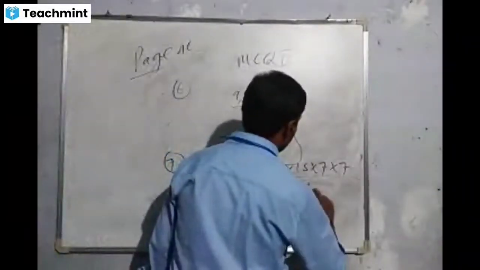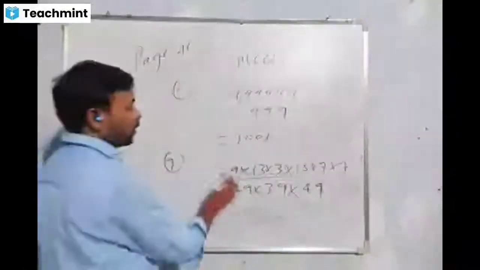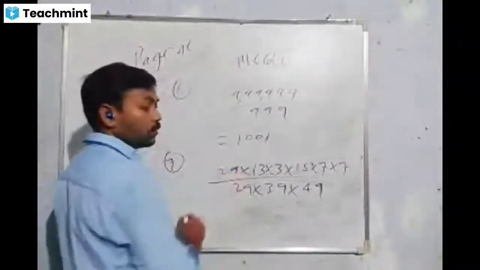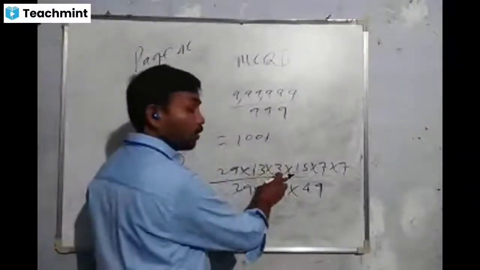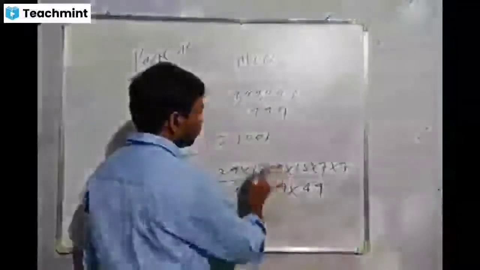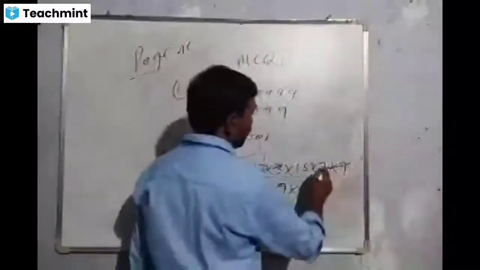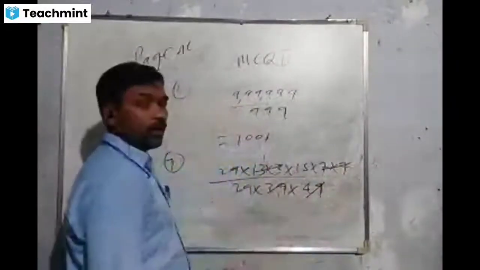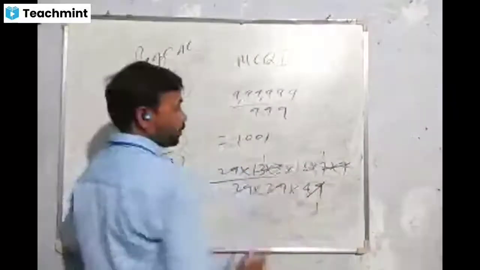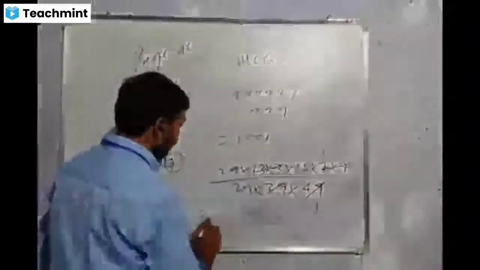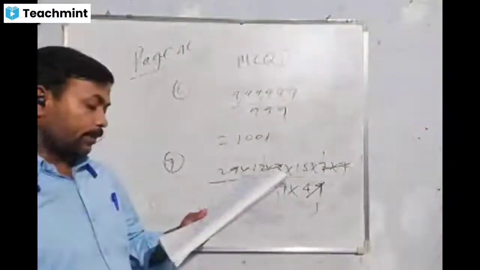So we have to cancel the common factors: 29 divided by 29 is 1 time. 13 multiply 3 is 39, so 39 divided by 39 is 1 time. 7 times 7 is 49, so 49 divided by 49 is 1. So all the numbers become 1 except 15. So the answer is 15. That is, your last option is correct.